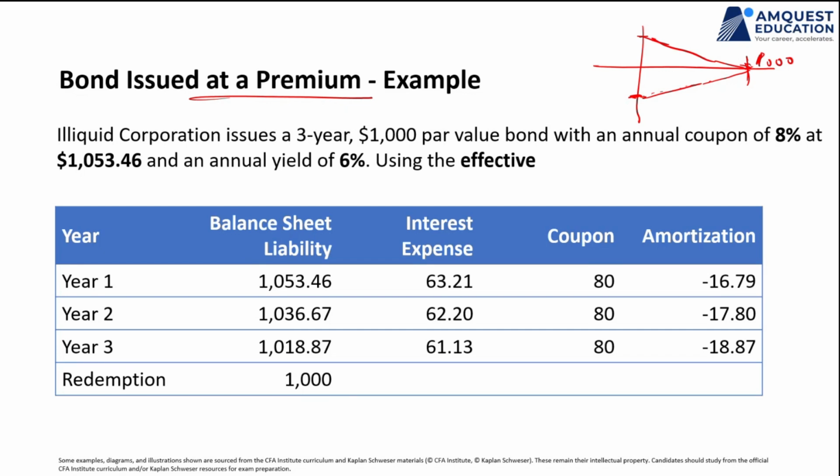So the premium bond issued at a price of 1053, 6% of 1053 is equal to this interest expense. And interest expense minus coupon is equal to amortization. And beginning liability minus amortization is equal to closing liability.